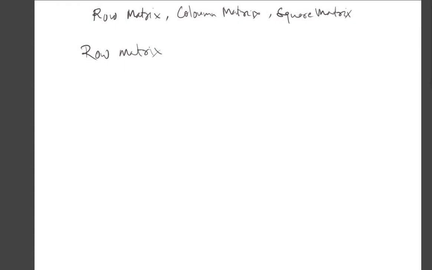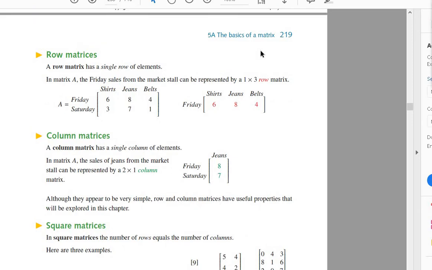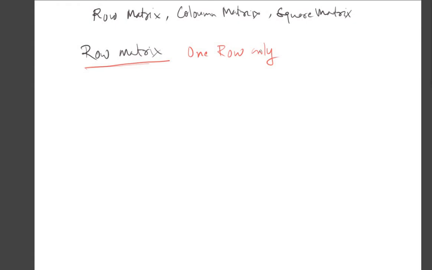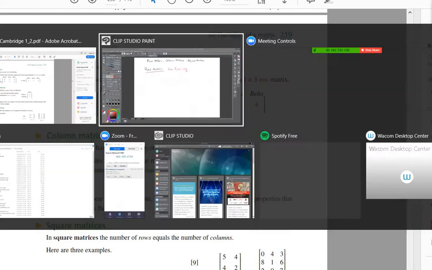All right, let's talk about the row matrix first. A row matrix is that matrix which has just one row. It has just one row only. You see on page number 219 of your book, you've got a row matrix which has just a single row.